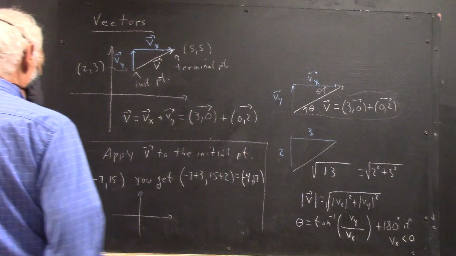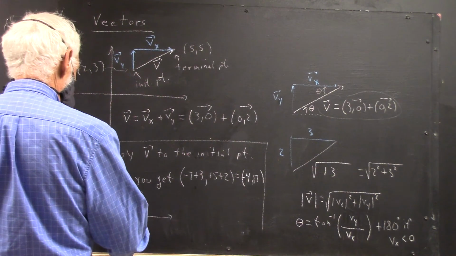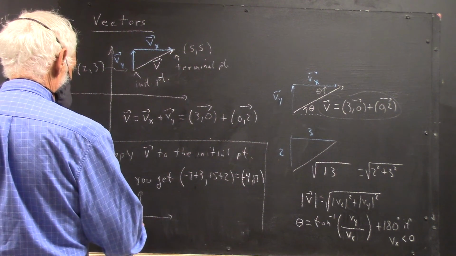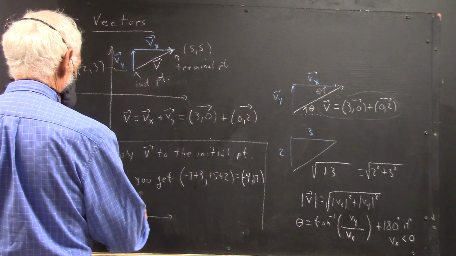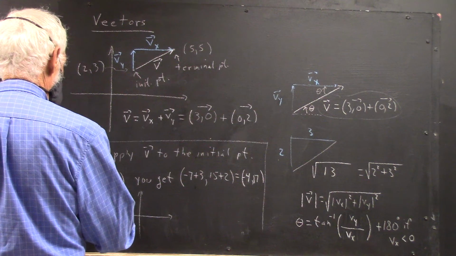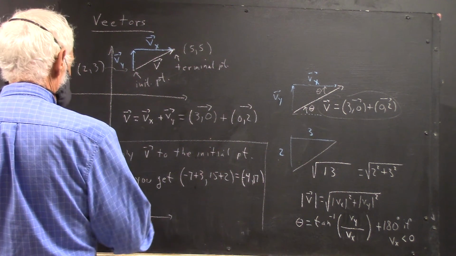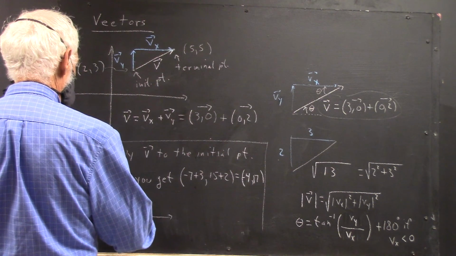It's going to have to use a slightly different scale. But negative 7, well, let's just say here's negative 7, 15. This vector moves you 3 to the right and 2 up.